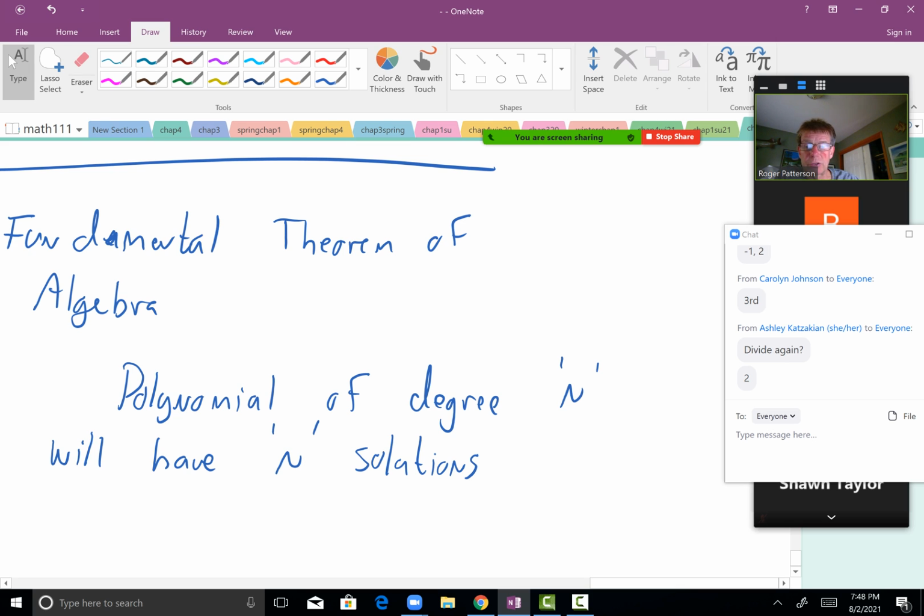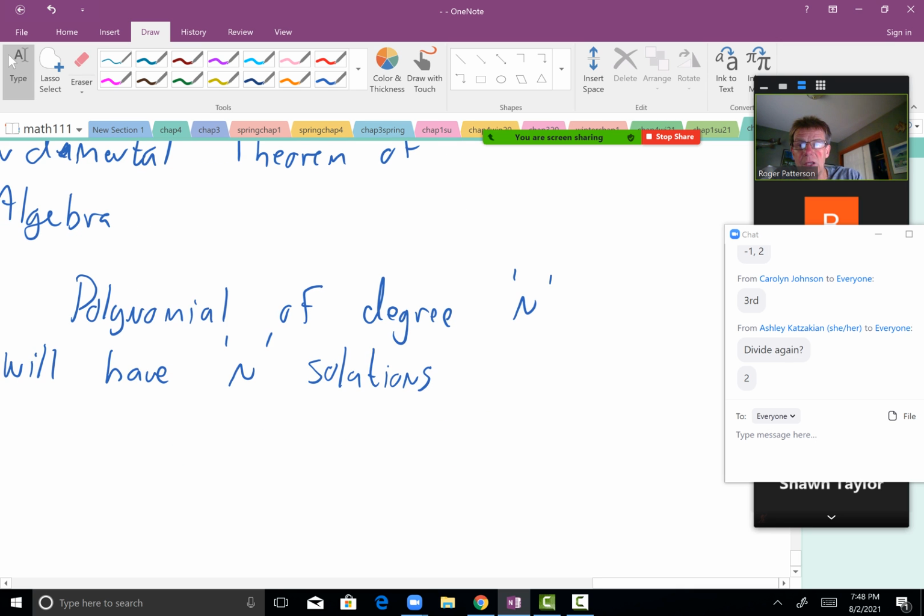Fundamental theorem of algebra says a polynomial of degree n will have n solutions. So far, everything that we've done works with that, because when we had a degree of 3, we had 3 solutions. We had a degree of 4, we had 4 solutions. We found them all. All right.